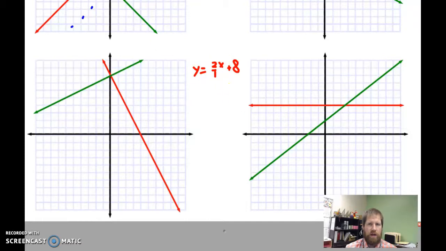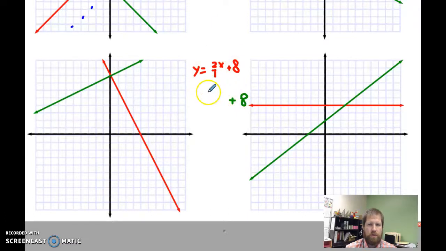My second line is going to go through the same point. So that tells me that there's no translation, because my y-intercept doesn't change.